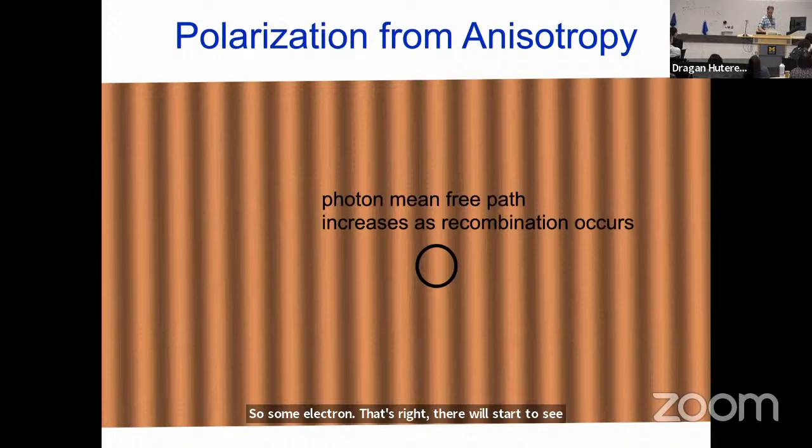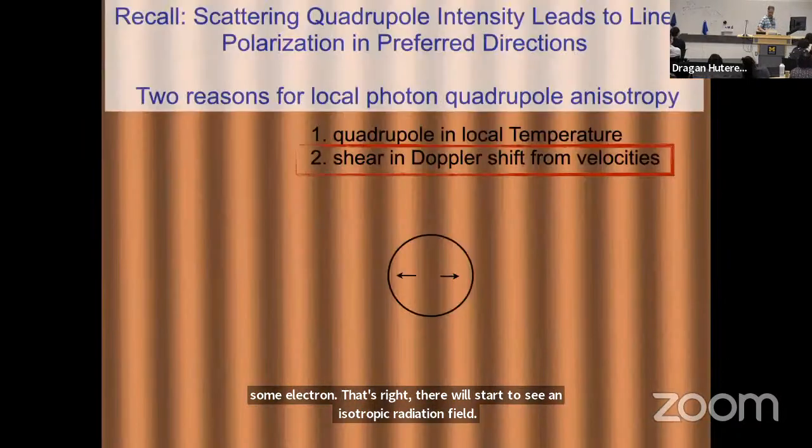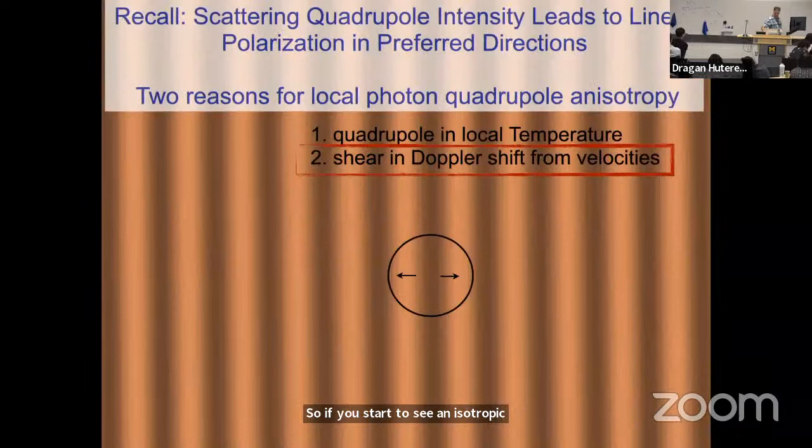And if you see an anisotropic radiation field, you can actually get some polarization. So at this spot right here, if you're getting, say, more radiation from here and more radiation from here, less radiation from these two spots, the scattered light that's coming towards you as you look at this is going to be polarized in the vertical direction.